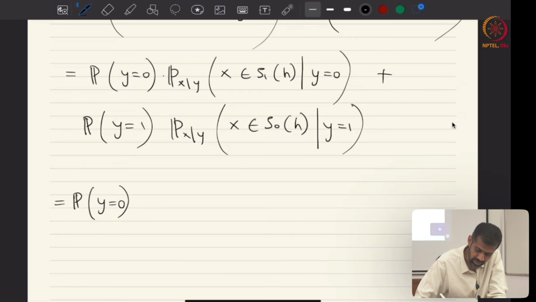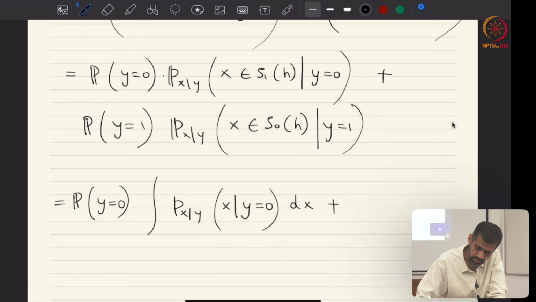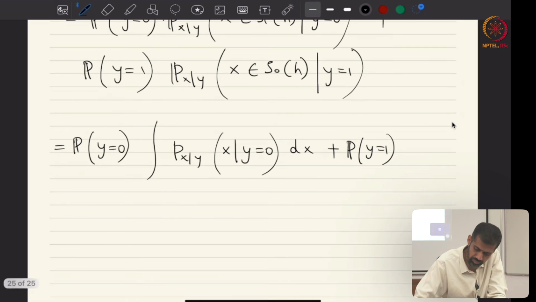So let's do that. So this is the integral of the PDF, y equal to 0, dx, plus, so I have to write this as this because whenever I write a conditional distribution, it's always that the conditioning random variable is fixed at a particular point, right?